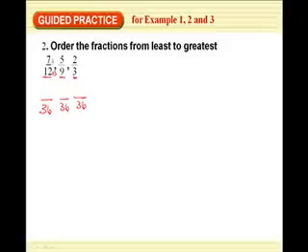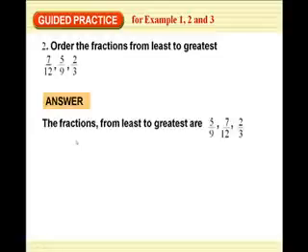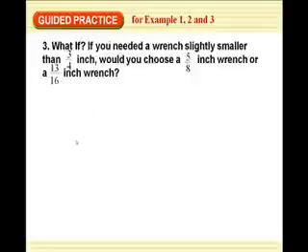So 12 times 3, so 7 times 3 is 21. 9 times 4, 5 times 4 is 20, times 12, that would be 24. So what's our smallest number here? 20. So 5/9 goes with it, that's the smallest one. Then 21, so that'll be 7/12. And then 24 would be 2/3. So there's our numbers in order from least to greatest. 7/12, 2/3, that's what we had.